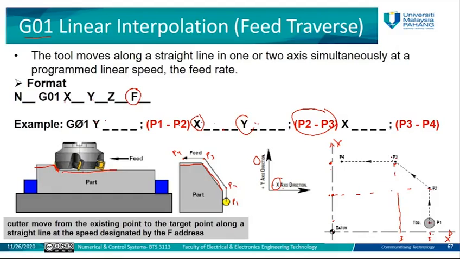Then from point 3 to point 4, the X axis will change, but the Y axis stays constant. So it depends on these two points, but only one coordinate changes, which is the value of X, while the value of Y does not change. So there is no need to mention the value of Y here, because it is the same.